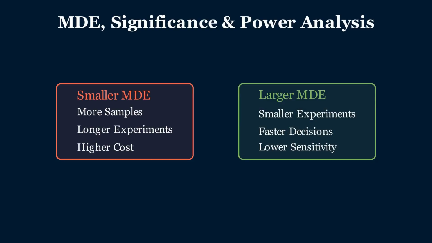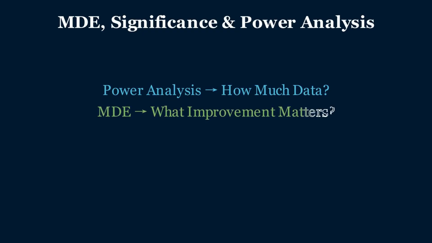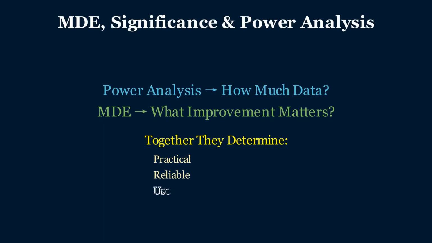Larger MDE means smaller experiments, faster decisions, lower sensitivity. So, these concepts solve two different problems. Power analysis answers how much data do we need? MDE answers what size improvements are worth detecting? And together they determine whether your experiment is practical, reliable, and actually useful for decision making.